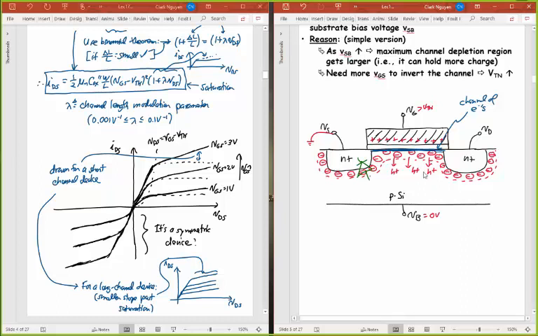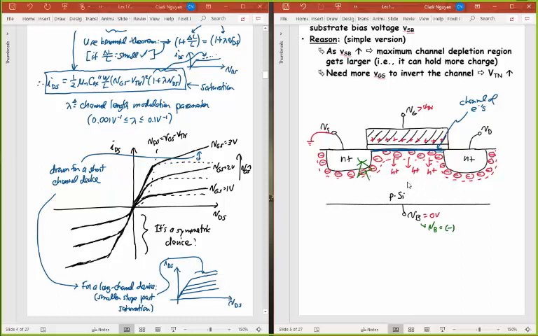So I can't let the VB voltage, the voltage on the P silicon, get too much higher than VS. Otherwise, I'll turn on that diode. I need that diode to be back biased. Suppose I start with VB as 0 volts, but then I move to a VB that is negative, some negative voltage.